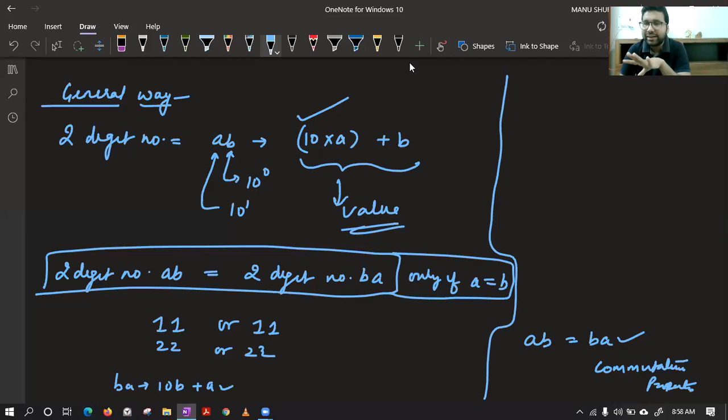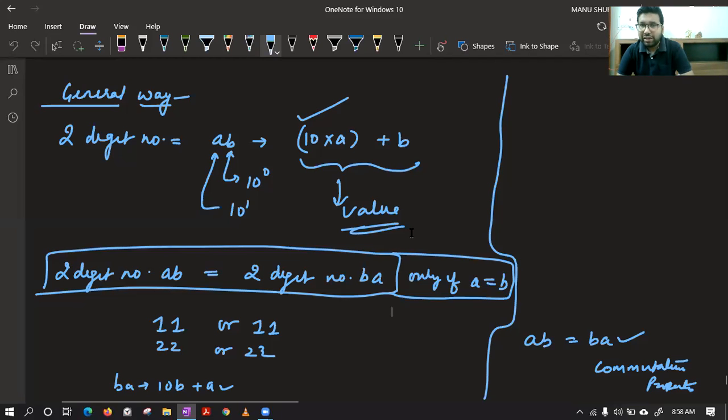Okay, that is correct, A into B is equal to B into A by the commutativity property. But in the decimal number system, if AB is a number and BA is a number, you can't say they are equal. Yes, Ananya, but try to understand. Here AB is used for a number whose value is actually 10 into A plus B, and BA is a number whose value is 10B plus A. That is why their values are different.